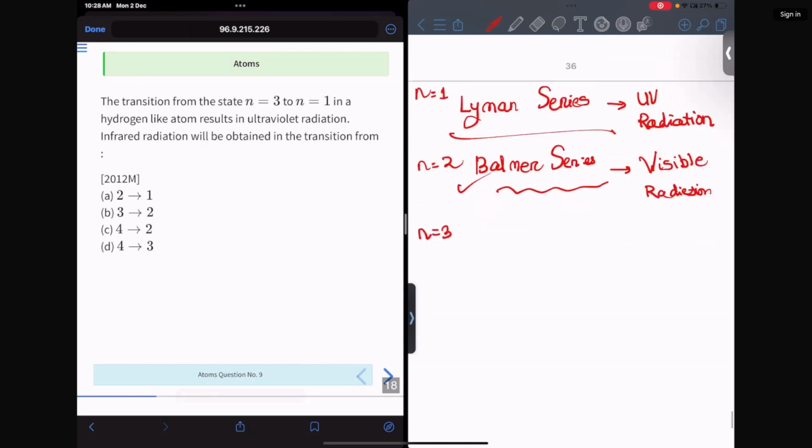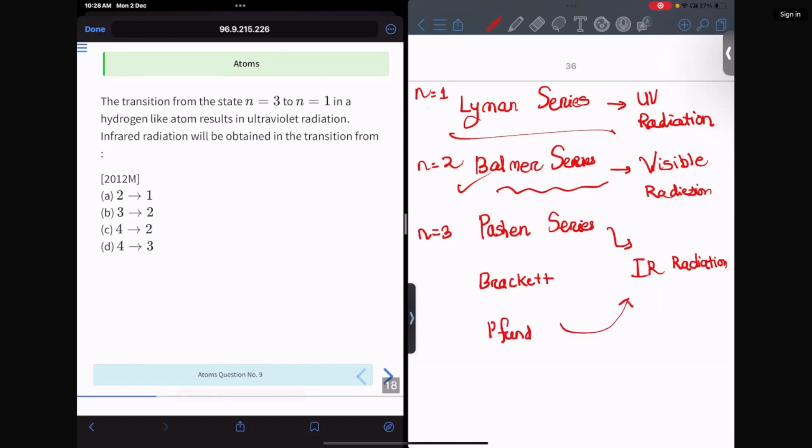Then n equal to 3 results in the Paschen series, and the Paschen series gives infrared radiation. Not only the Paschen series, Brackett and Pfund series also result in infrared radiation.